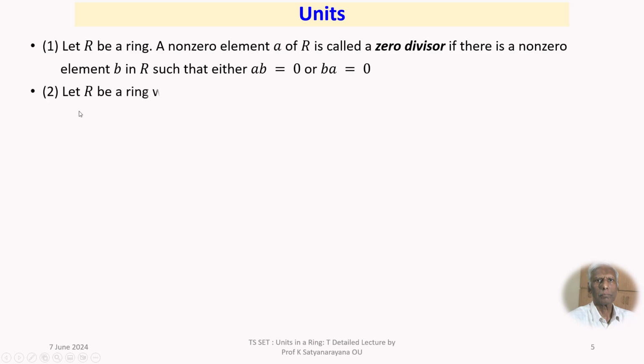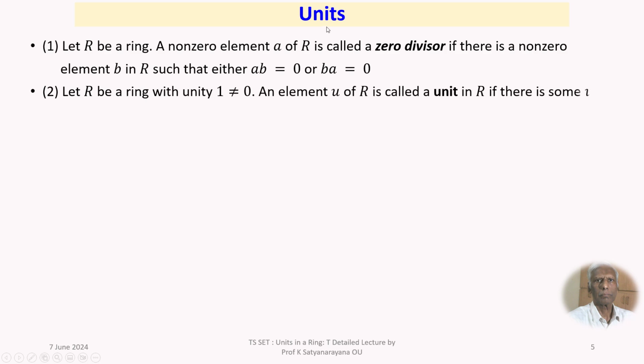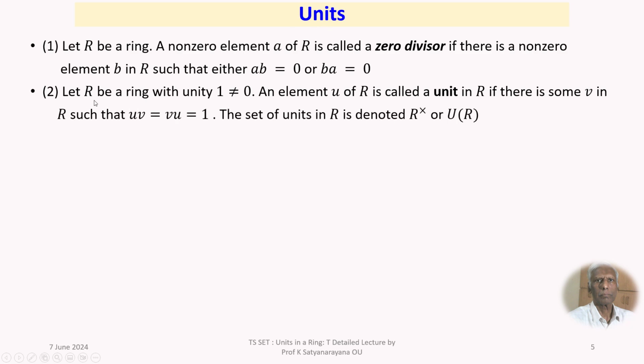Now, the next one, we take up the definition of a unit. For this, we first of all have R is a ring, commutative ring preferably, or ring with unity, unity is 1, not equal to 0. So don't get confused by the terminology.